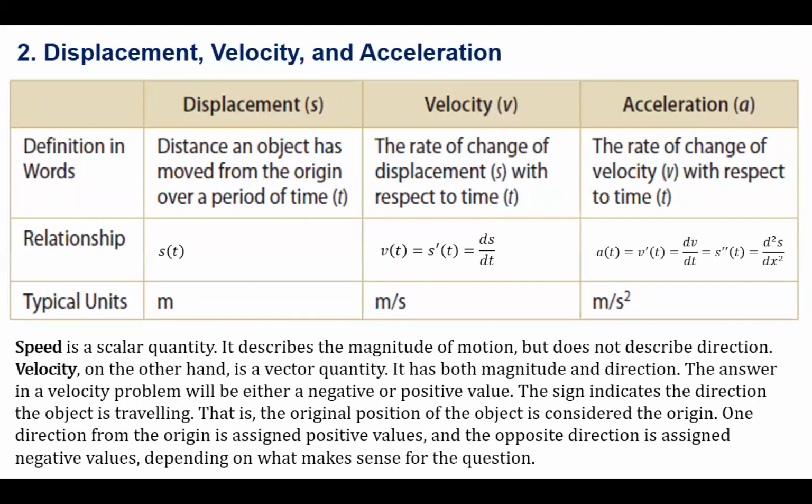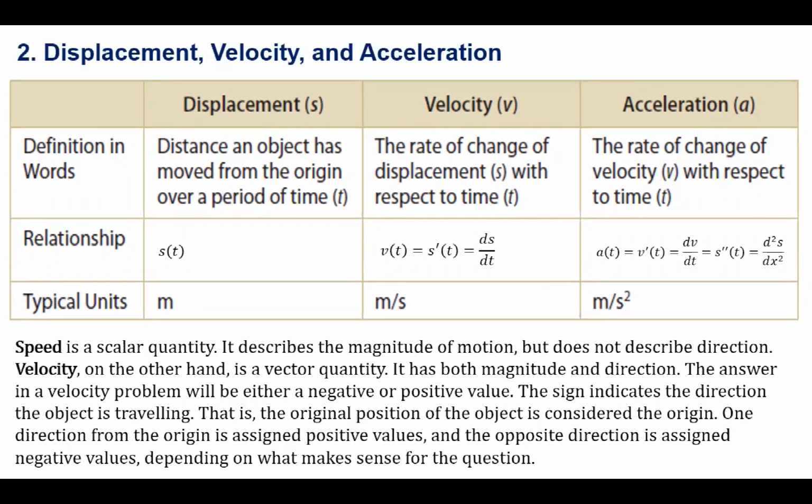Displacement can be expressed as a function of t, right? An object can have different displacements at different times. The velocity is the first derivative of s with respect to t. Therefore, v(t) equals ds/dt.